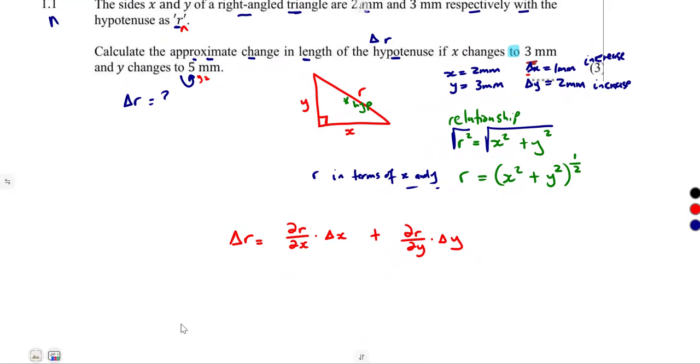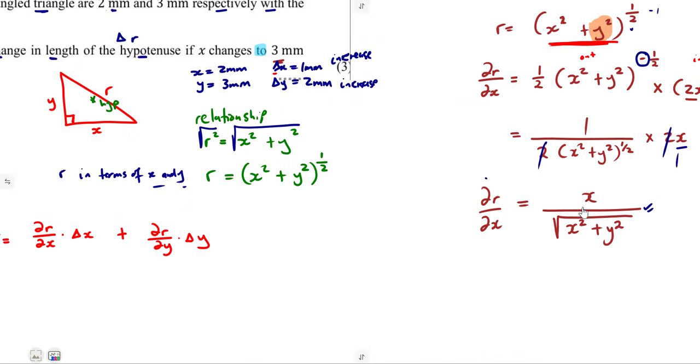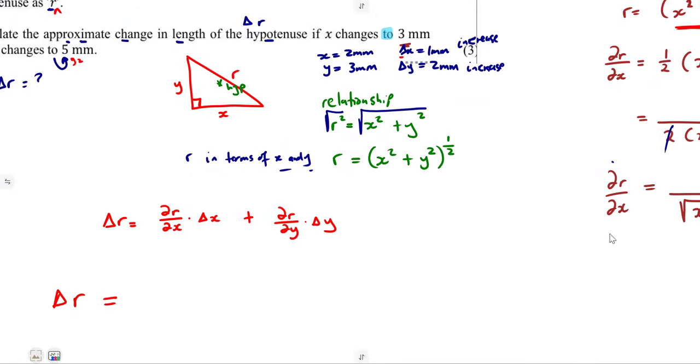So there we're going to have the change in our r is equal to what? We have got this. We calculated this. Remember, r with respect to x. So that is what we're going to substitute: x over the square root of x squared plus y squared times the change that happened in x.